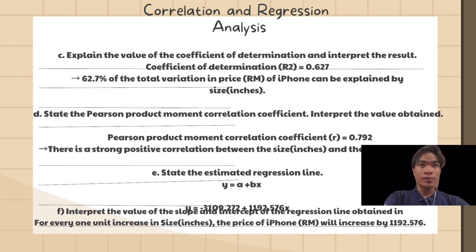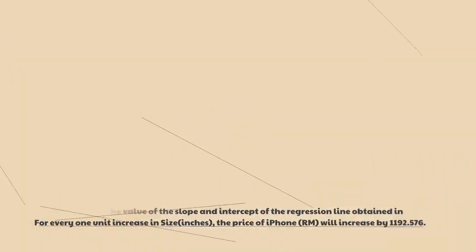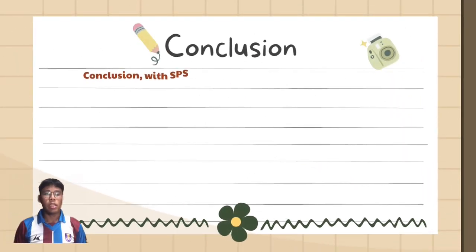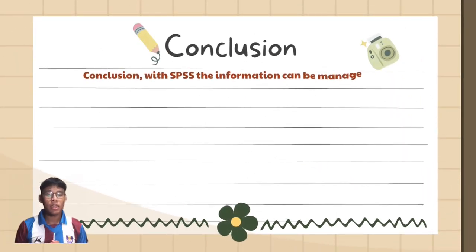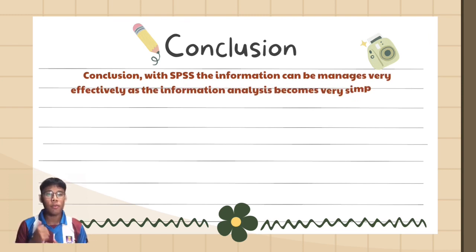For the last step, we interpret the value of the slope and intercept of the regression line obtained: for every 1 unit increase in sizing in inches, the price of iPhone in RM will increase by 1192.576.